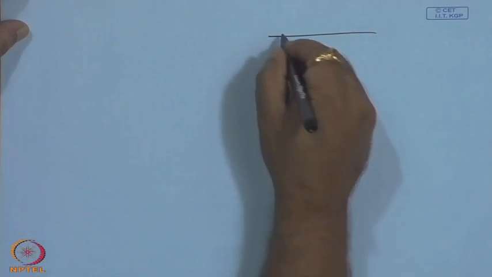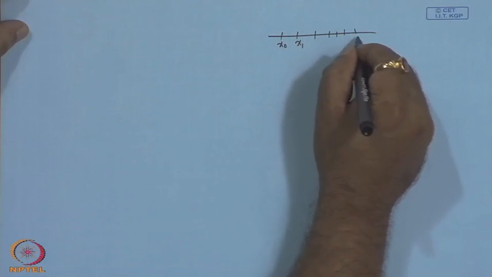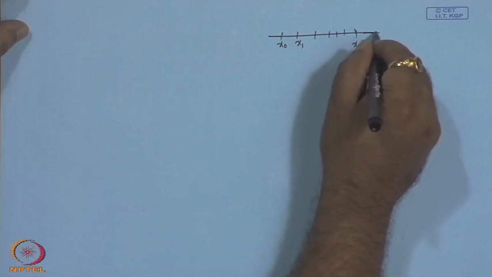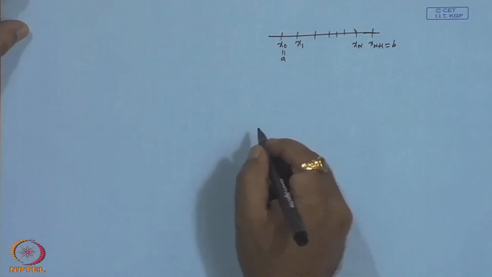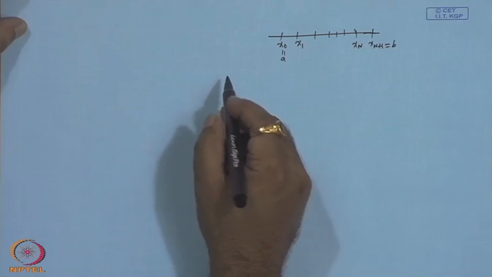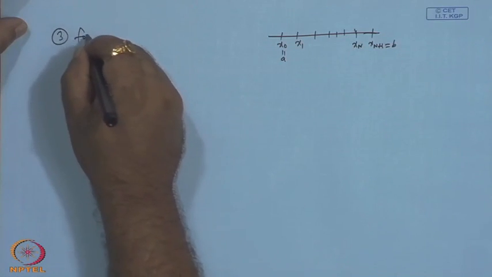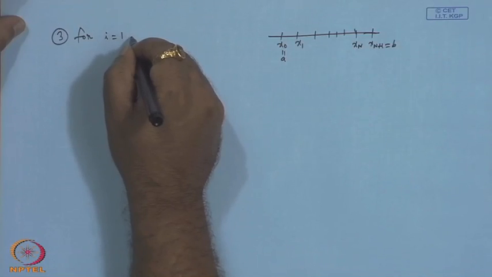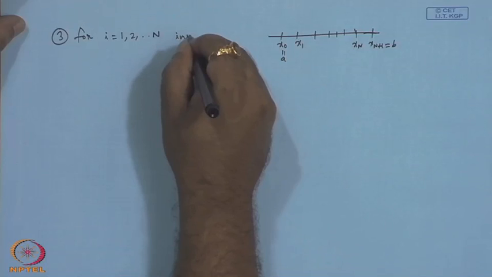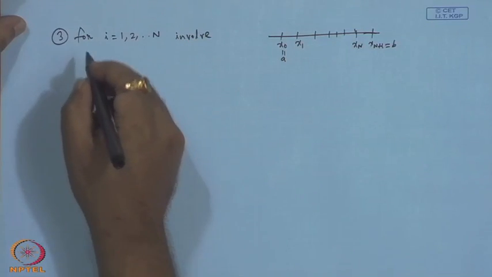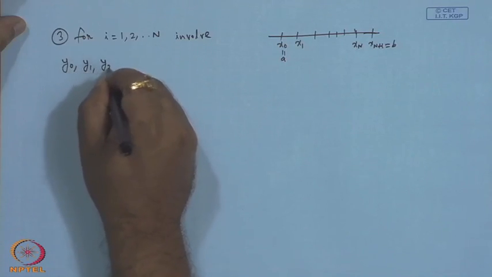Equation 3 for i from 1 to n involves y 0, y 1, y 2 and so on.